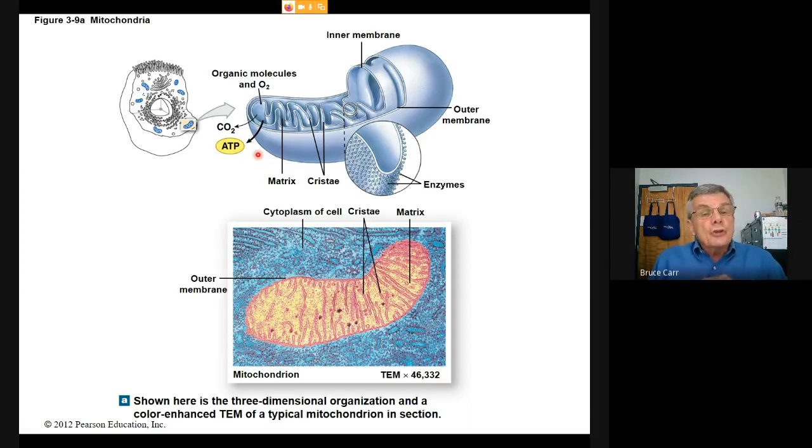The conversion of nutrients to CO2 and water and the release of energy so we can make ATP involves many, many enzymatic steps. And that's the reason for the folding, greater surface area. So if we could blow this up enough, what we would see are enzyme systems embedded in this inner membrane surface.